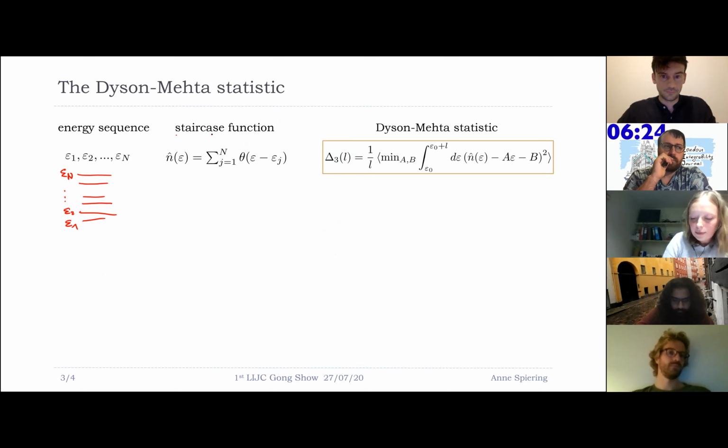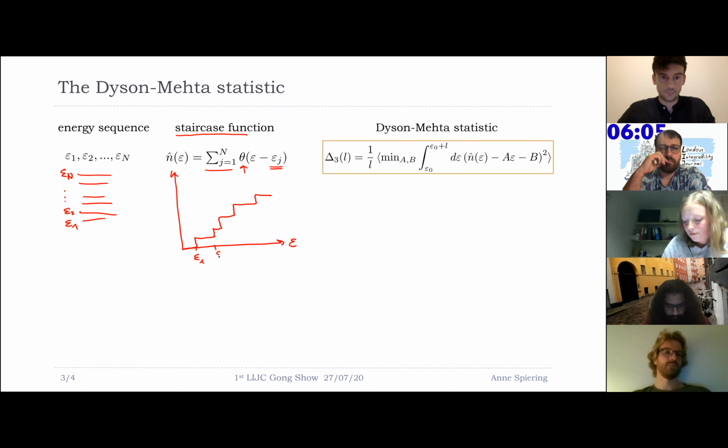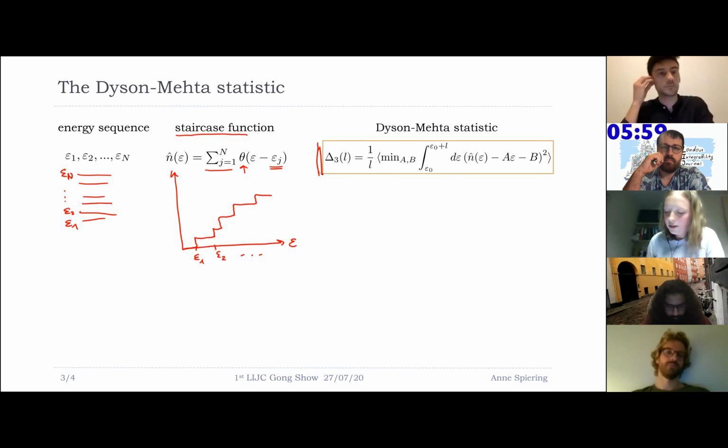And then I can build a staircase function. This is just the sum over Heaviside theta functions, one for each energy level. If I plot this, it would look something like this. I'm going up one step for each energy level. And then I can build the Dyson-Mehta statistic, this thing here.